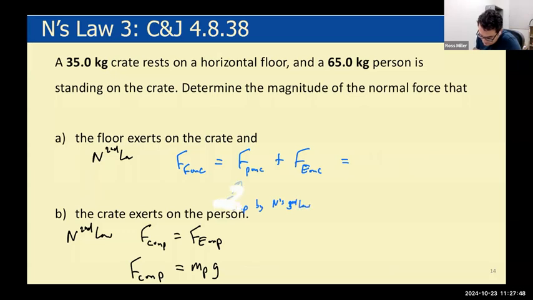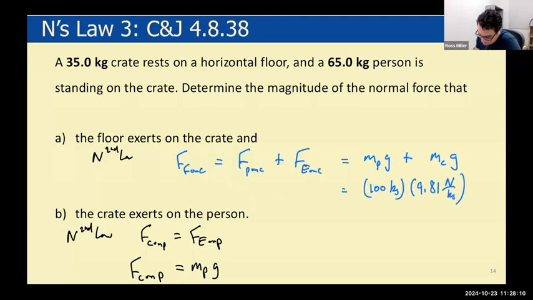No, that's by Newton's second law. So it should be the person and the mass of the crate. That's 100 kilograms of mass times 9.1 per kilogram. This one is just 65.